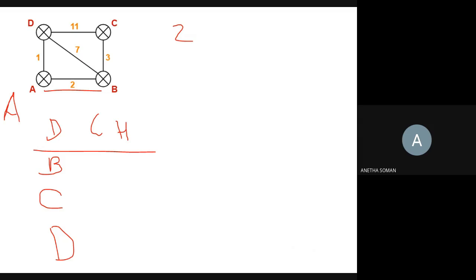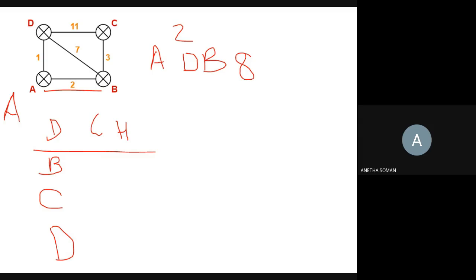Yes, the path A, D, and B. That path also you can go, right? The cost of that will be 7 plus 1, which is equal to 8.